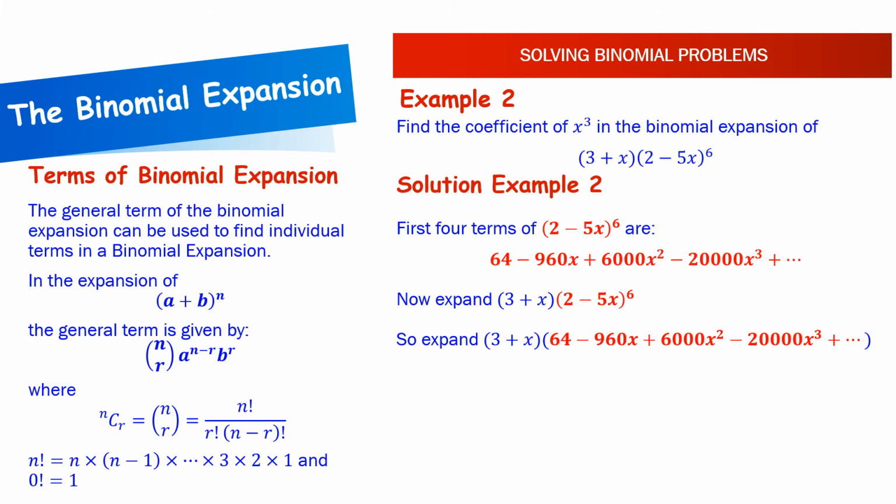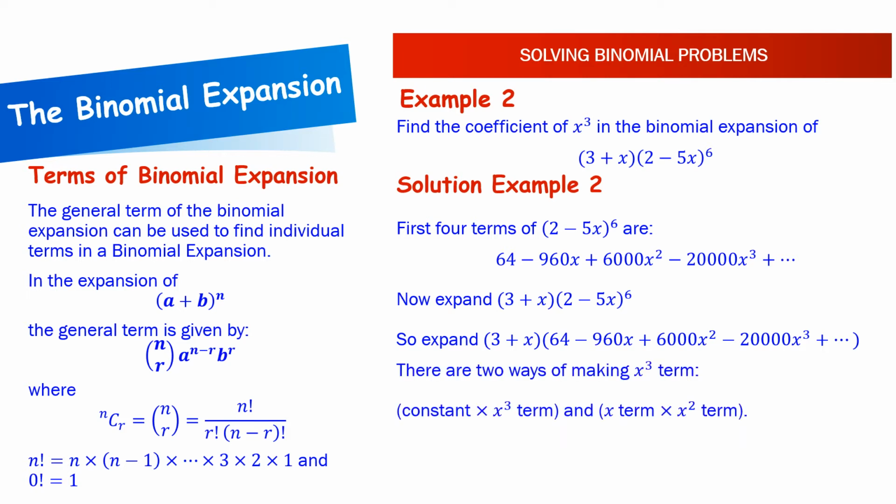And we'll explain why in a moment, because notice we're multiplying by (3 + x). There are 2 ways of making the x cubed term in this expression. Either we multiply the constant by the x cubed term, or we multiply the x term in (3 + x) by the x squared term in the expansion.